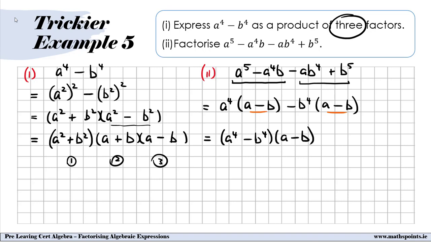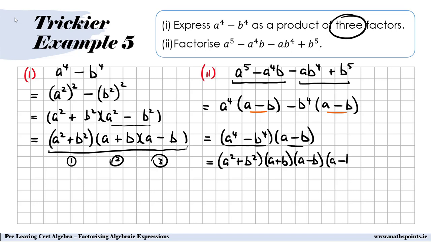But we could factorize it further by now replacing the a to the power of 4 minus b to the power of 4 with the answer from part 1 of the question. Remember, this is the factorization of a to the power of 4 minus b to the power of 4. So I'm going to substitute in a squared plus b squared, bracket a plus b, bracket a minus b, and then remember we already have this a minus b in our expression.